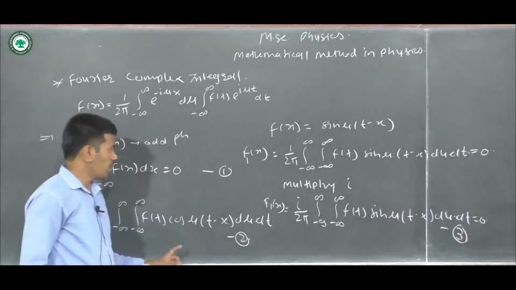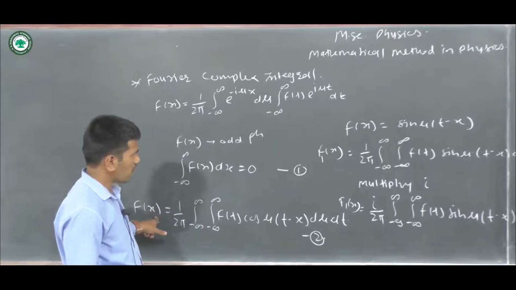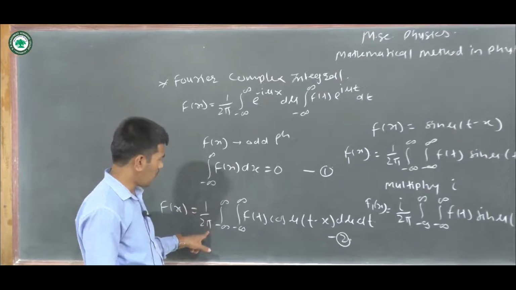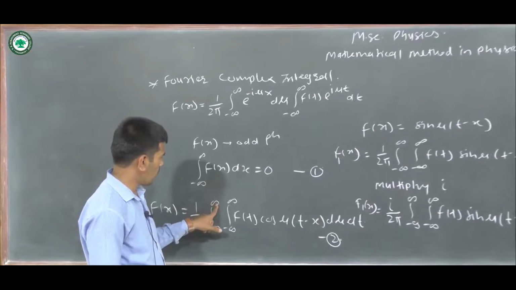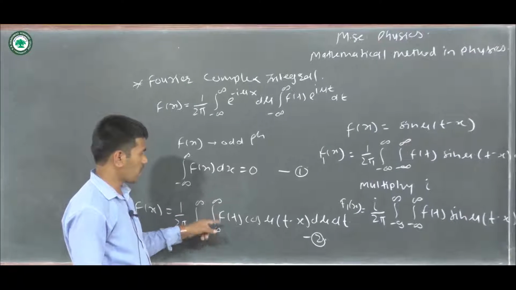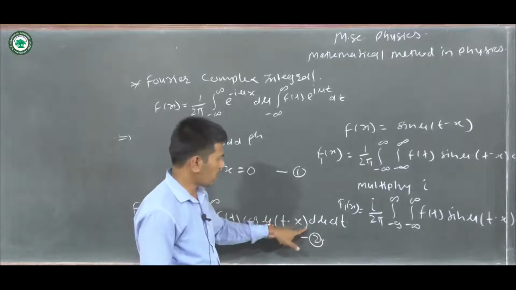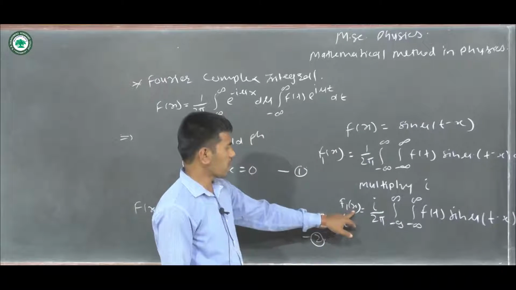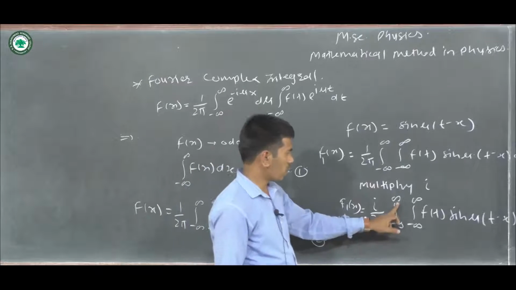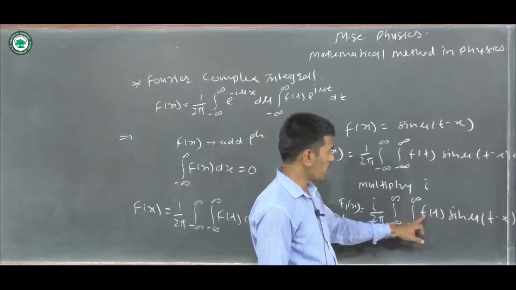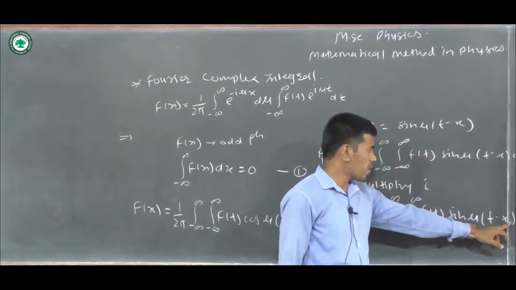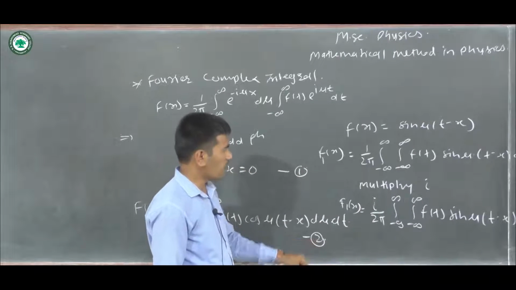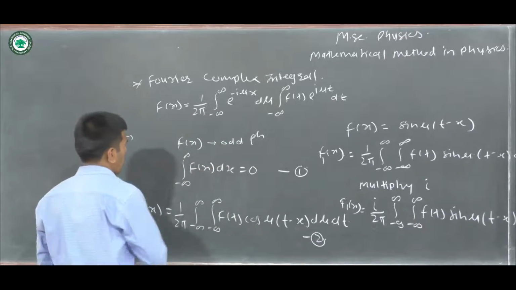Now I am going to use these two equations, equation number 2 and equation number 3. f(x) = 1/(2π) ∫ from −∞ to +∞, again ∫ from −∞ to +∞ f(t) cos u(t − x) du dt, and here, for equation 3, i/(2π) ∫ from −∞ to +∞, again ∫ from −∞ to +∞ f(t) sin u(t − x) du dt is equal to 0. I am going to add these two equations.